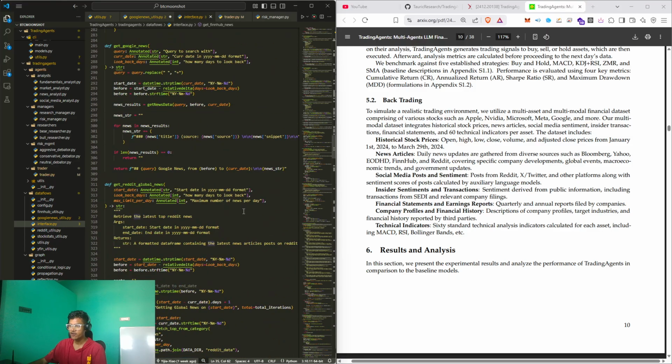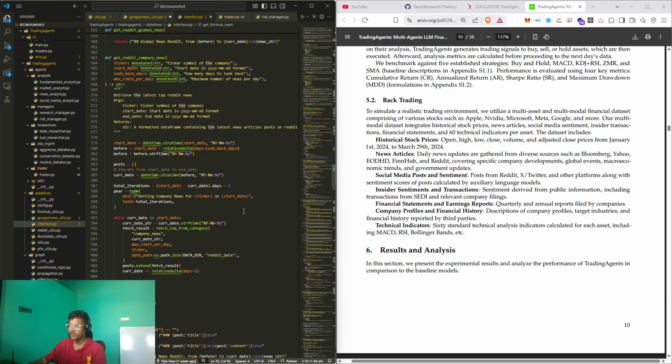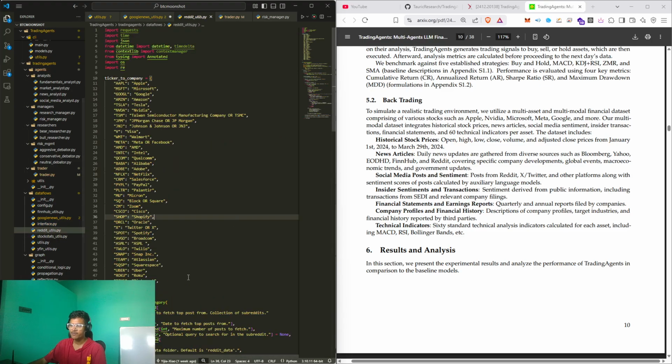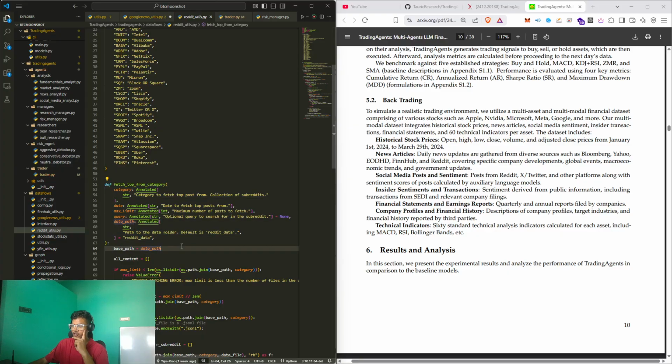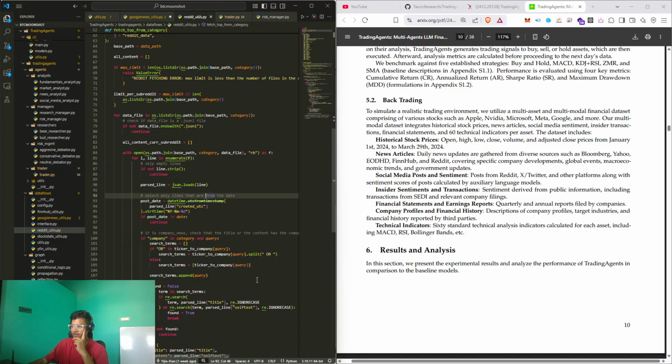It's basically getting all the data, whether it's in CSV format or PDF format and all this stuff. You see ticker to company, around 50 different companies, right? There are a lot here.